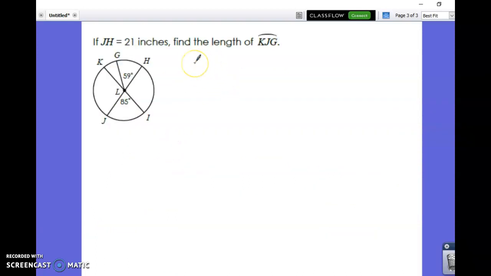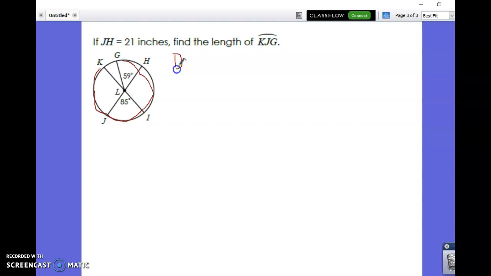With this one, they want us to find the length of KJG. K is right here, and then we have J, and then we have to go all the way to G. So practically we have to find this whole piece. They also let us know that JH is 21, so the whole diameter of the circle is 21.